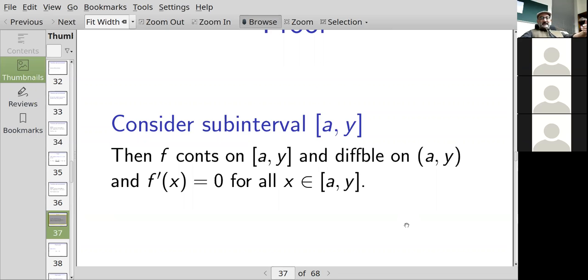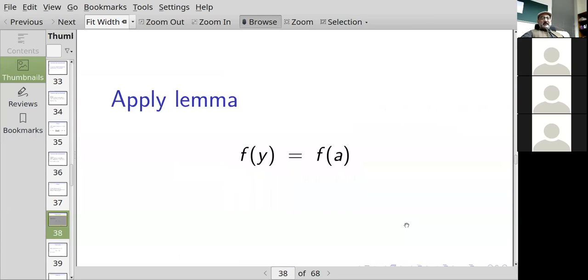Then by the previous result, f(y) is equal to f(a), and y could be any value in between a and b, right? So at every point from a to b, the value of such a function is equal to f(a). So it's constant.